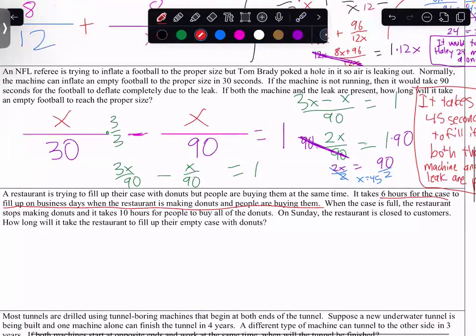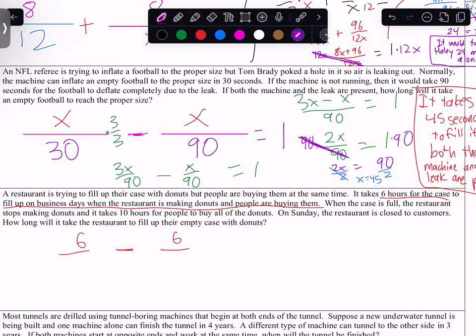So that is the time together. So the 6 is the numerator of both fractions. Now, the two entities in the problem, the restaurant and the customers, are doing opposite things. The restaurant is filling up the donut case. The people are buying donuts. They're taking donuts out. So this will be a subtraction problem.